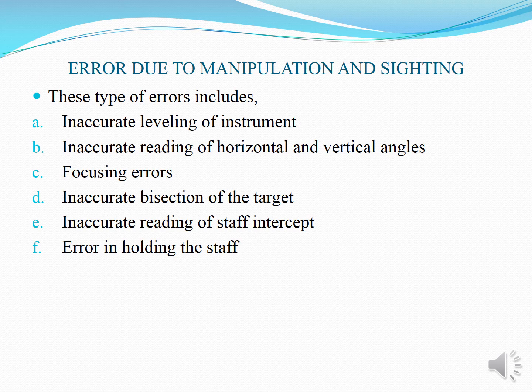Then inaccurate reading of the staff intercept, since while reading the staff an inaccurate reading causes these errors. And error in holding the staff also creates error due to manipulation and sighting.